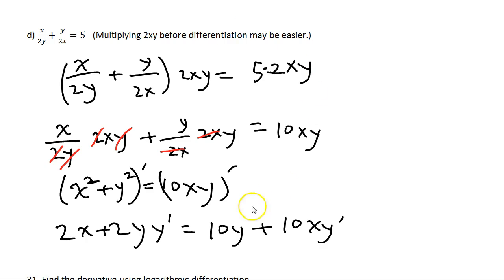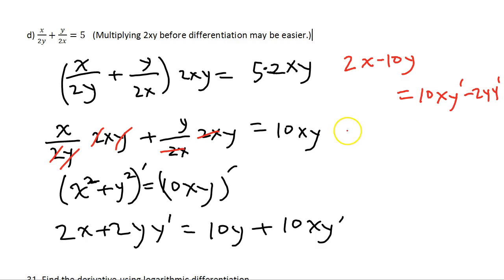Okay, again, move to one side. So let's make 10y go this way. So it's 2x minus 10y, and 2y y prime to the other side. So it's 10xy prime minus 2y y prime.